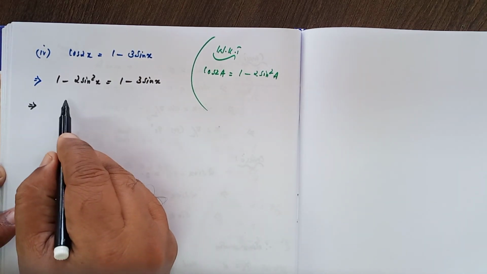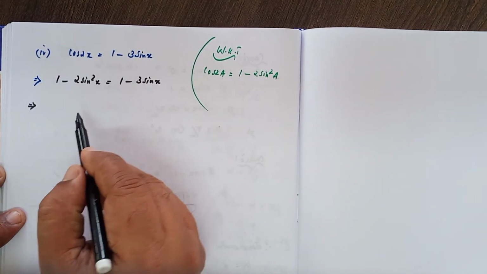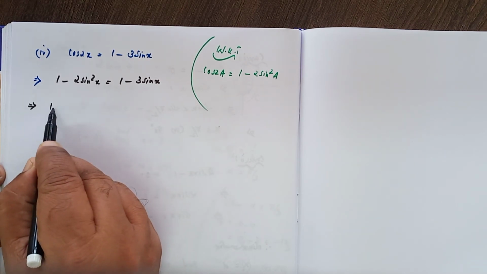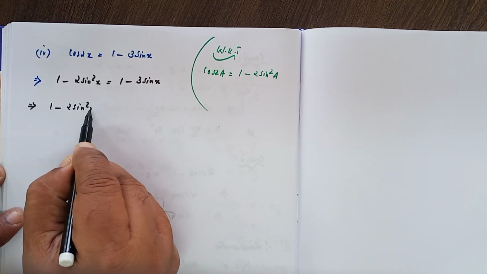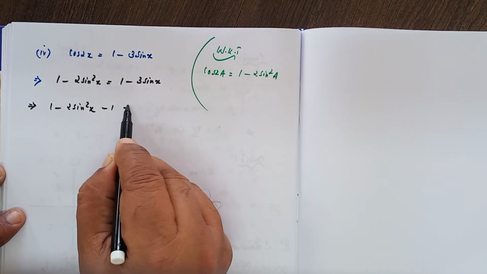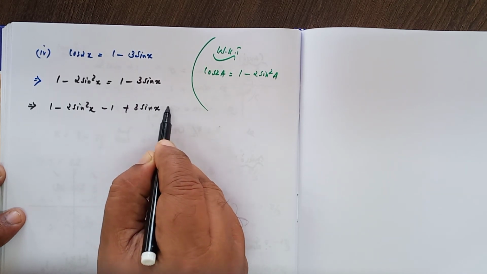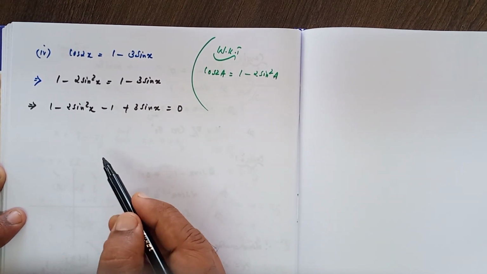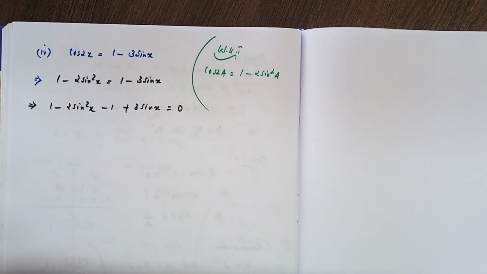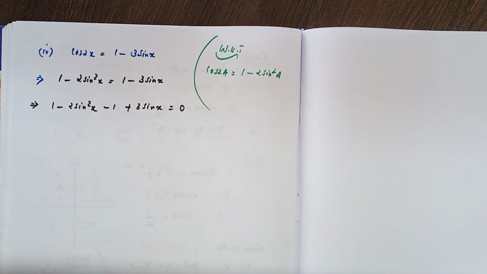Which implies here plus 1, here also 1 get cancelled, otherwise write 1 minus 2 sine squared x. It comes to the left hand side minus 1 and plus 3 sine x, that is equal to 0. Here plus 1 and minus 1 both get cancelled.